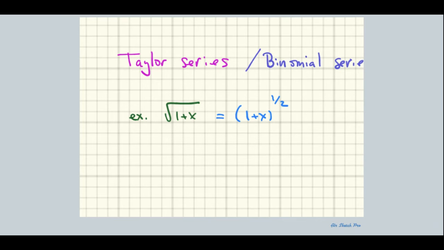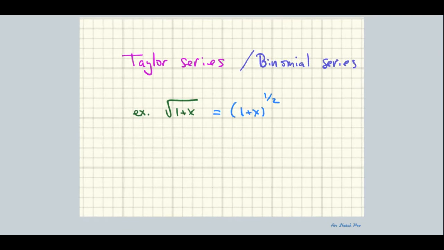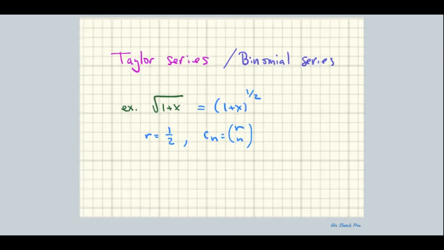To be able to do the Taylor series for this binomial, the first thing to notice is that r is 1/2. The next thing to notice is the nth coefficient is r choose n. And so we need to start doing some calculations on these.